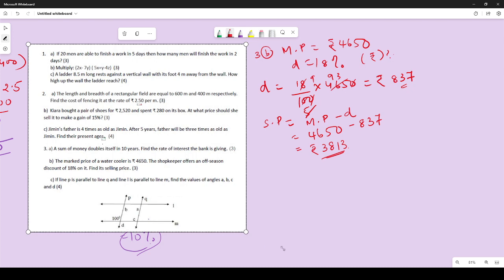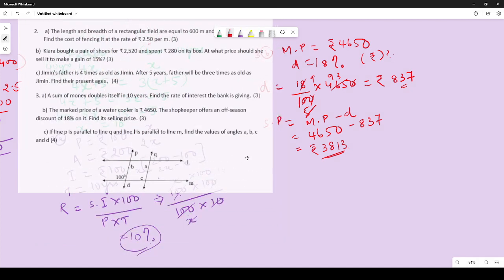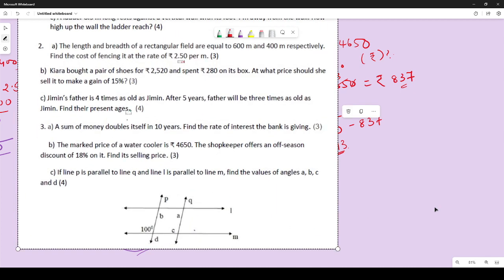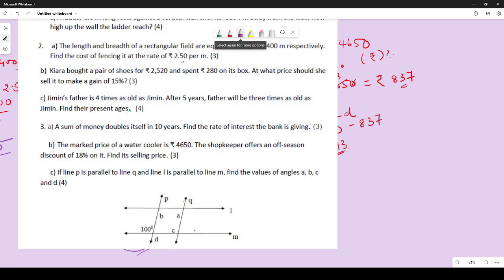So let us expand it a bit, and let me bring up this last question. Okay, so over here we can see these are the lines.